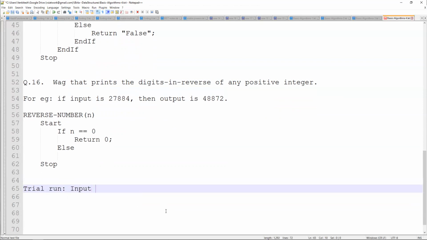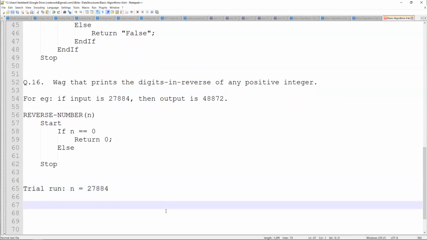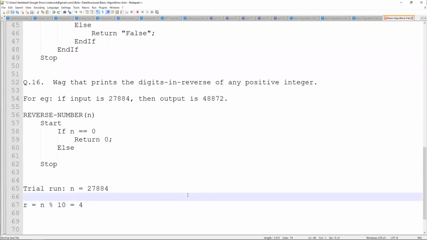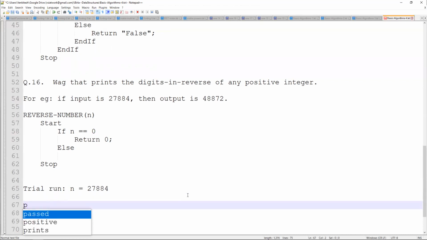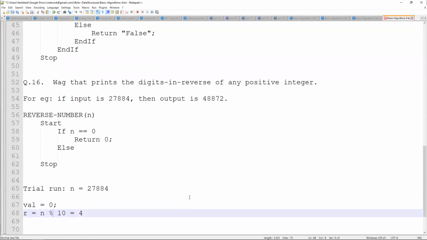So input, or rather n is equal to 27884. Let's say r is equal to n mod 10, which is equal to 4. I will initialize two parameters. So value is 0, which is the reverse value, and this is the remainder.